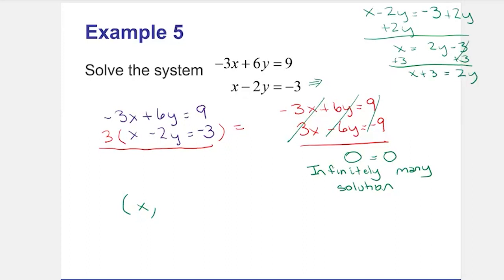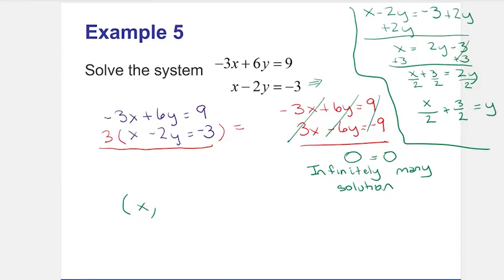These cancel. And now I'm going to divide everything by 2. So I'll divide this by 2, this by 2, this by 2. And we get x over 2 plus 3 over 2 is equal to y.